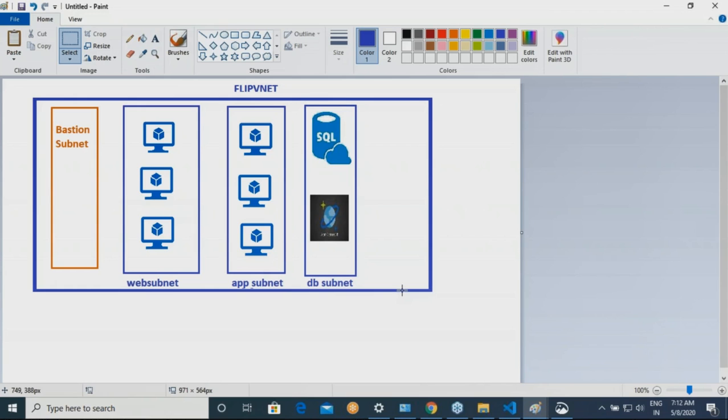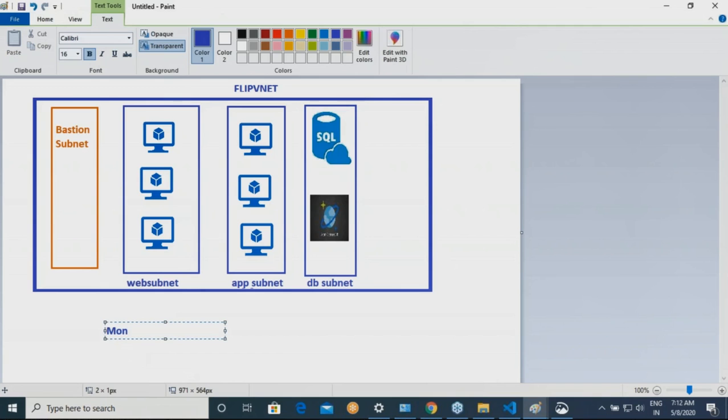Now we'll be creating this, and what we have to do is set up monitoring. We have to set up alerting, right? And then we have to set up BCDR, business continuity and disaster recovery.